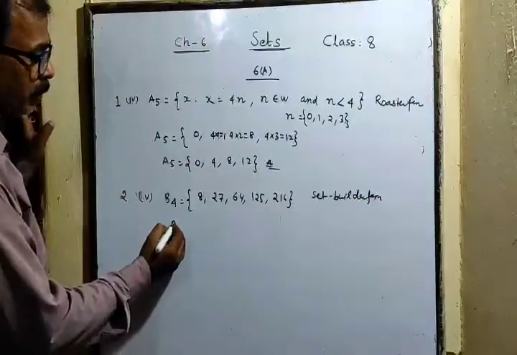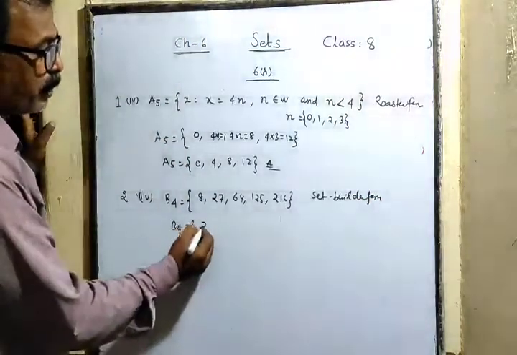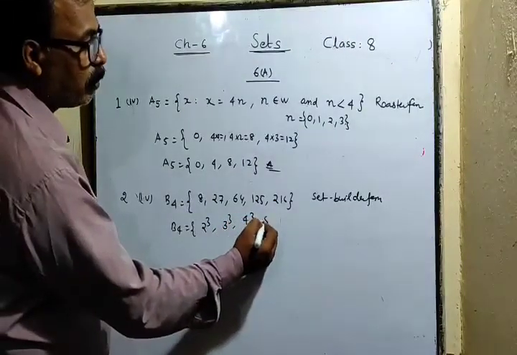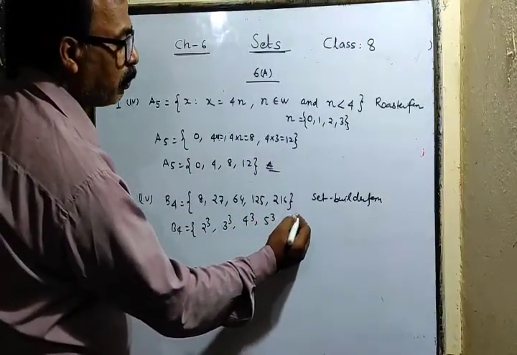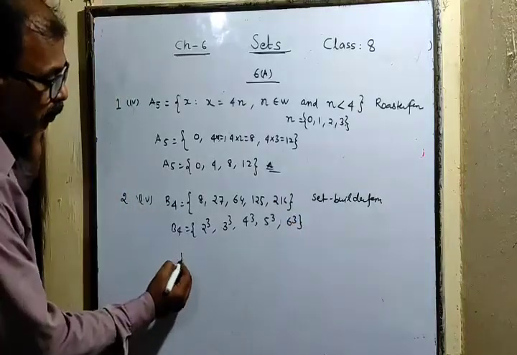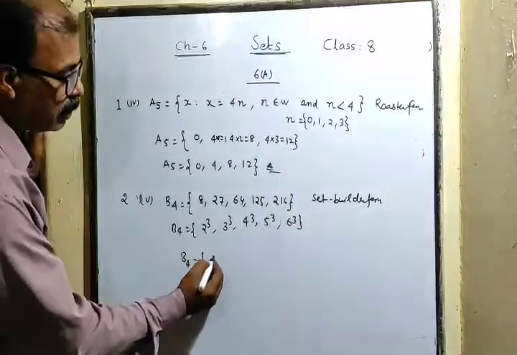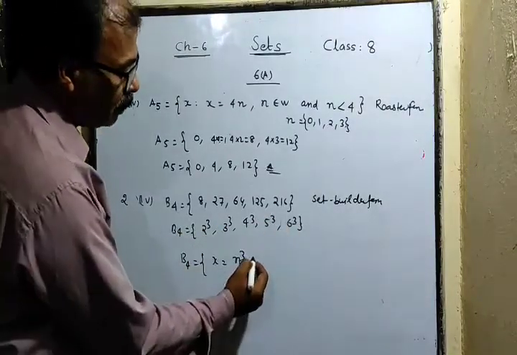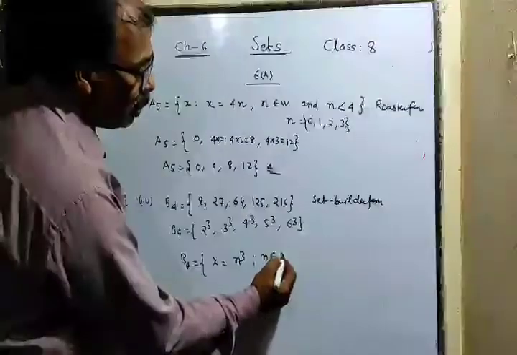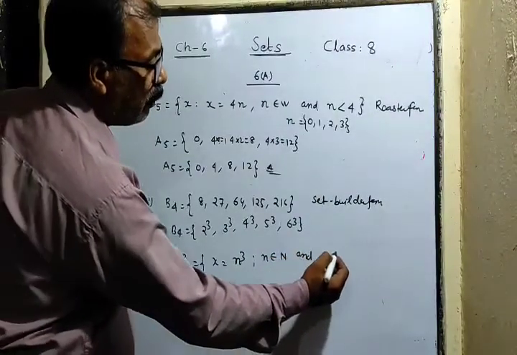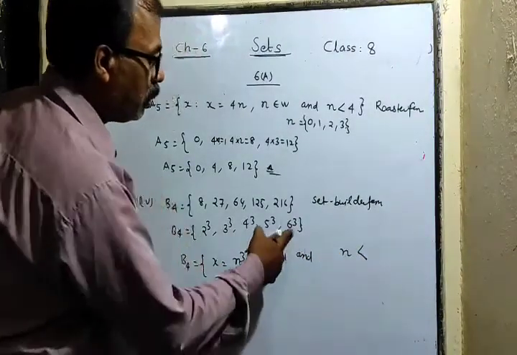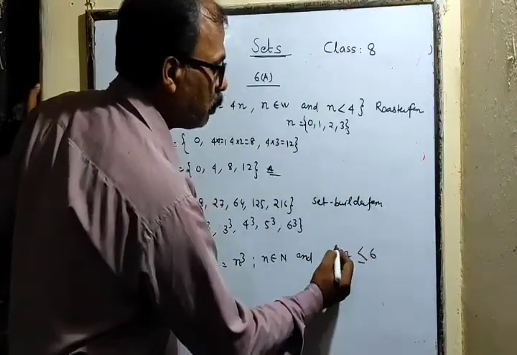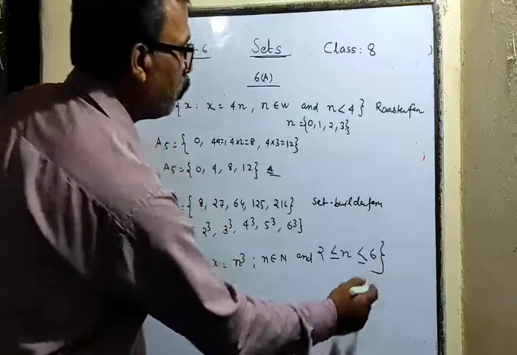We find that 8 is 2 cubed, then 3 cubed, 4 cubed, 5 cubed and 6 cubed. So in set builder form, you will write B4 is equal to {x : x = n cubed, where n is a natural number and n lies between 2 and 6, that is, 2 less than or equal to n less than or equal to 6}.